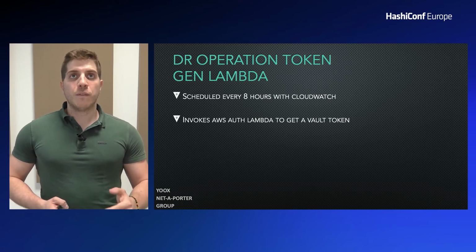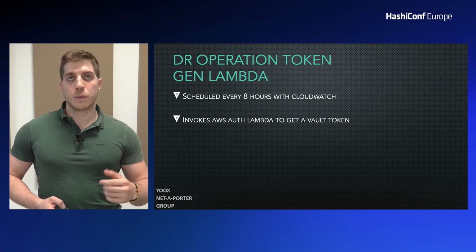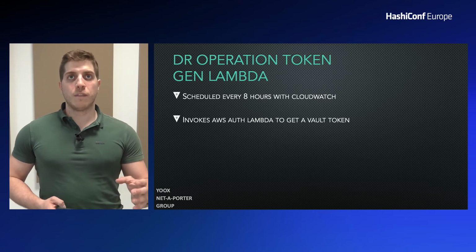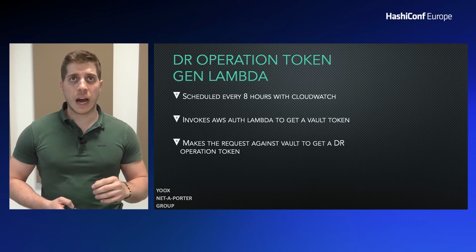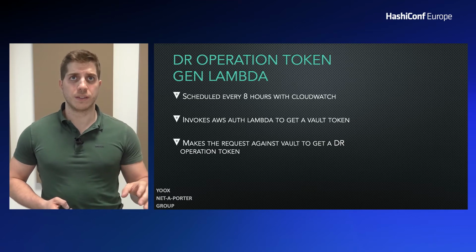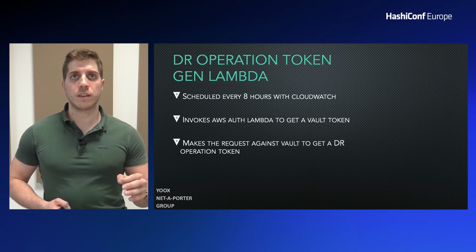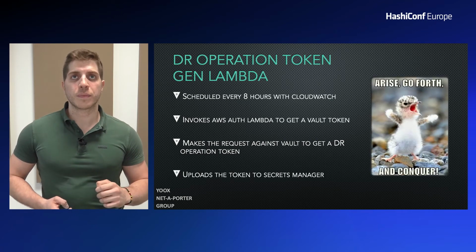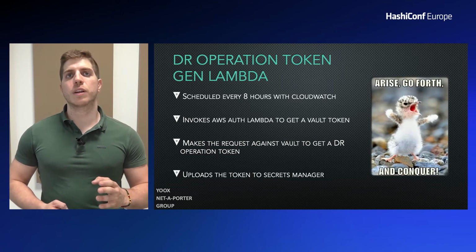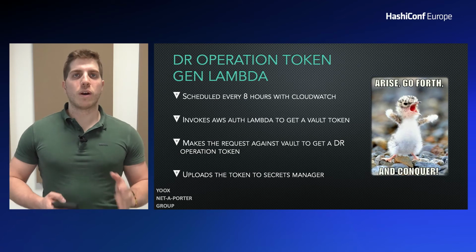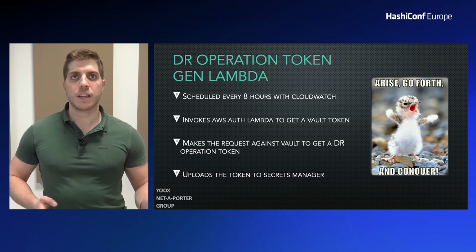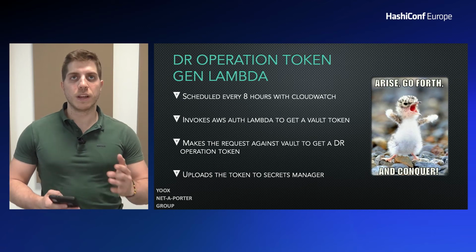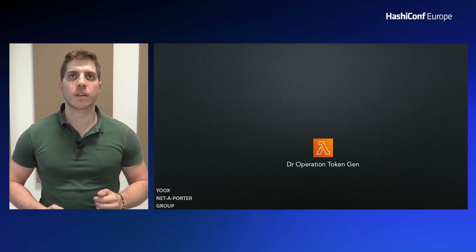Then it will invoke the AWS auth Lambda, so the previous Lambda, to get a Vault token, since it needs to interact with Vault. After that, it will make the request against Vault to get this DR operation token. And finally, it will upload the token to Secrets Manager. Now, once the token is there, it can be used by other Lambdas or by anyone else. So it will be available in case of a disaster.